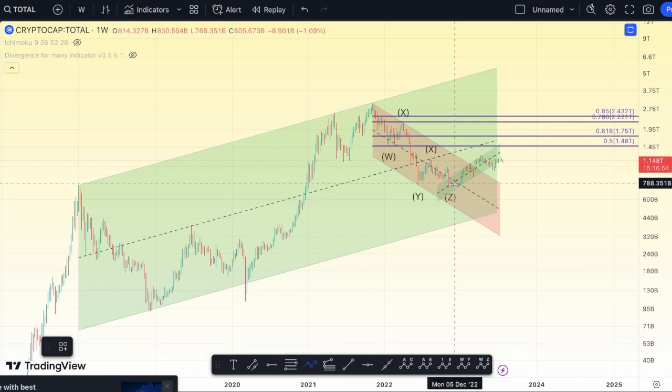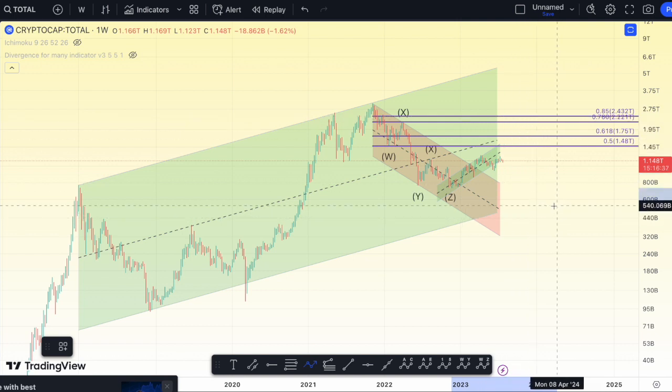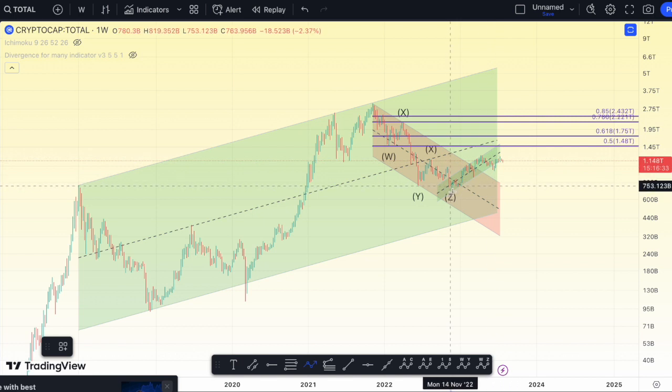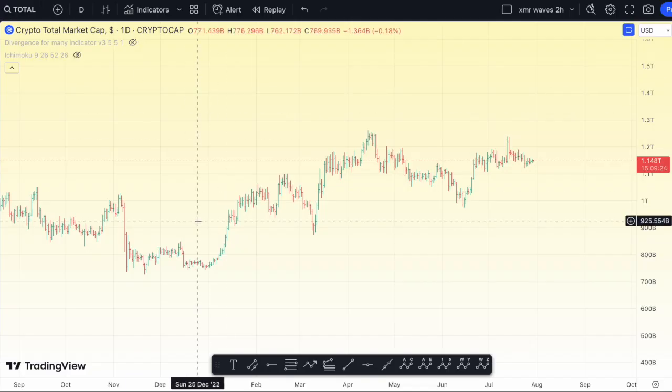But what I'm trying to say here is that at least we can expect a zigzag move upwards from this bottom point right here, which can take us to these fib levels, and then we can expect a downfall again. But at least we're going to be going up in a zigzag form, and this is the basis of our assumptions going to the daily chart right here.